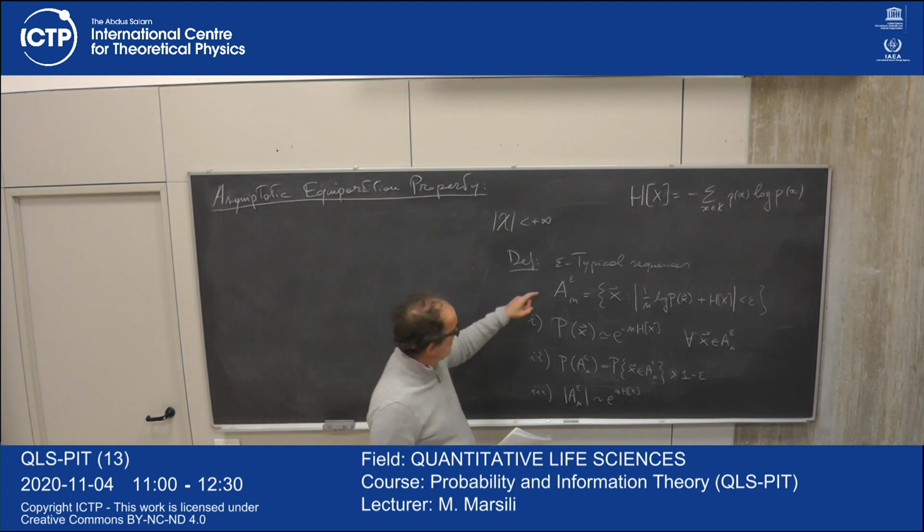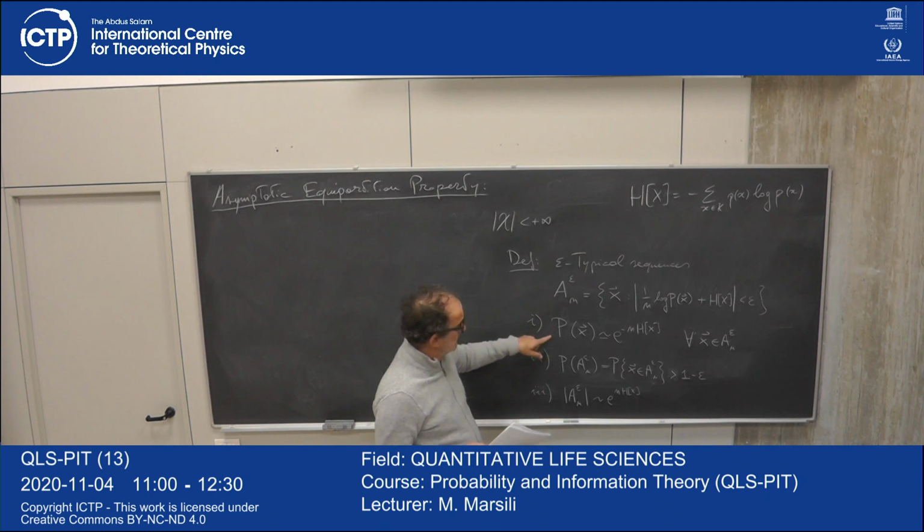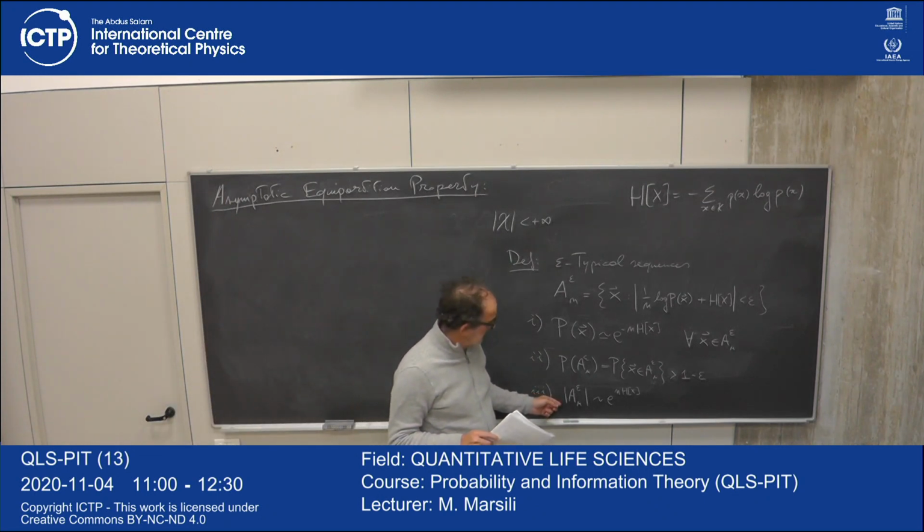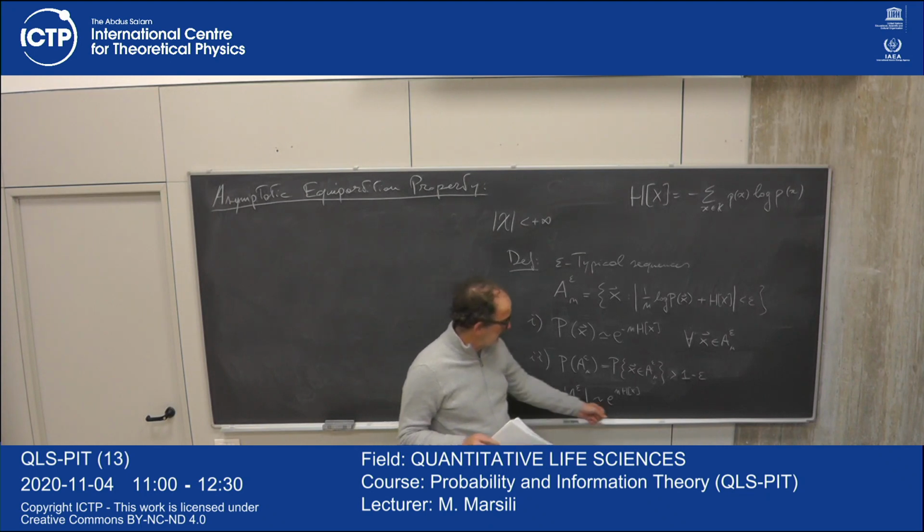So one is that they all have the same probability, and the other one is that they are very few in number.